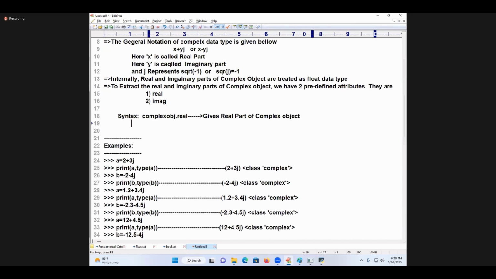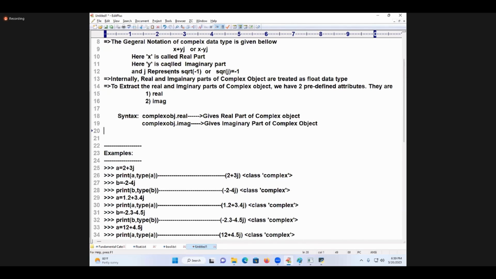One more is called complex obj dot imag. It gives the imaginary part of the complex object.